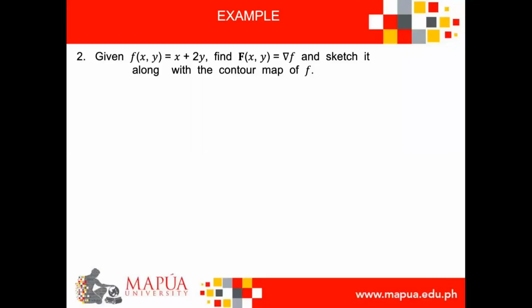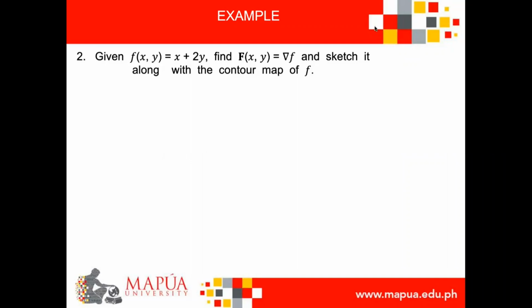So in here, we're going to find F of x, y equals gradient f, or del f, given the function f of x, y equals x plus 2y, and sketch it along with the contour map of f.